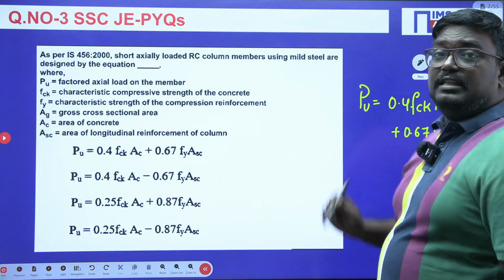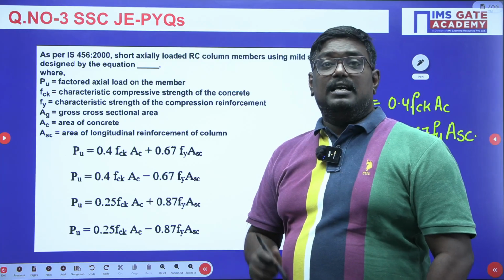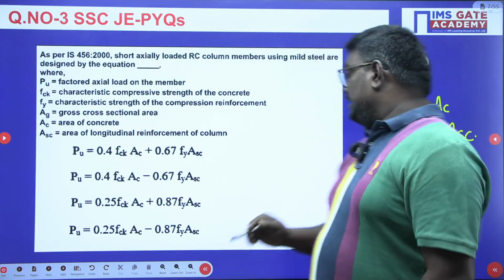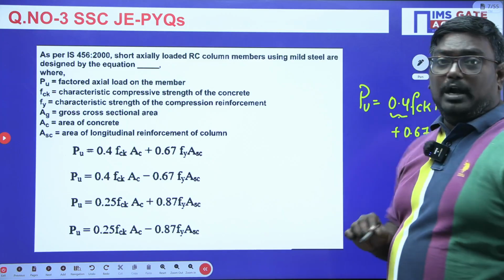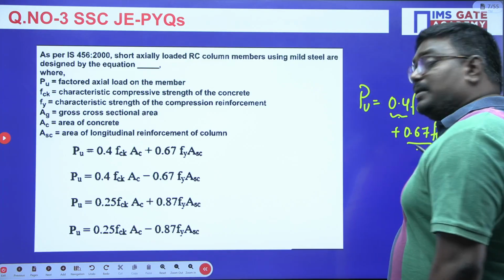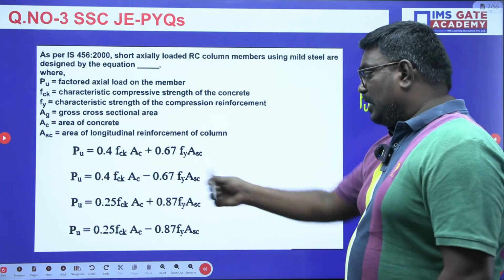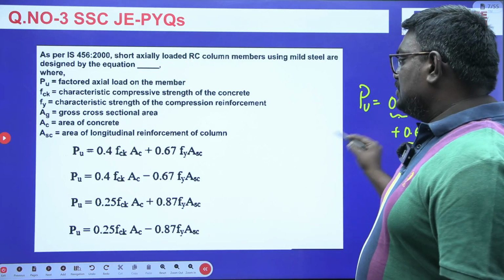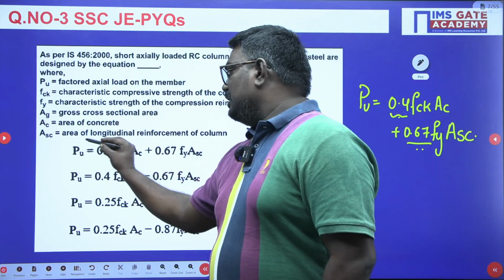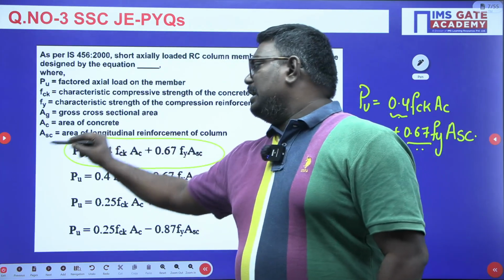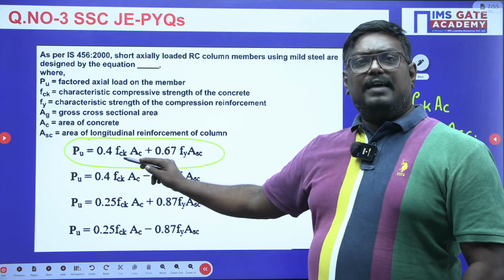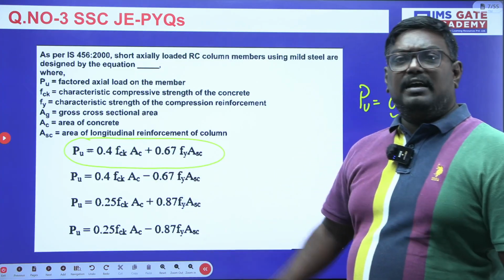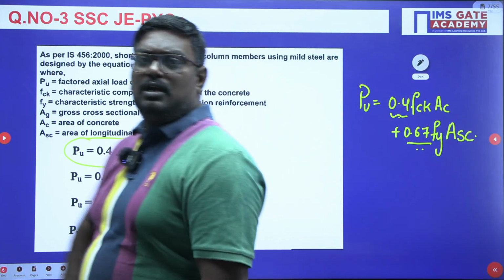Here they are considering minimum eccentricity. If there is no eccentricity, then 0.4 will become 0.45 and 0.67 will become 0.75 fy. So here option A is the correct answer: 0.4 fck Ac plus 0.67 fy Asc. I hope you are clear.